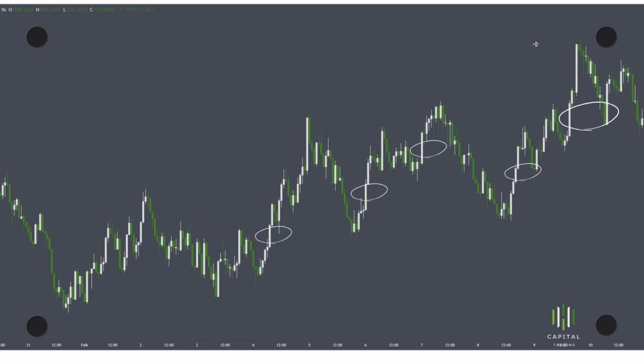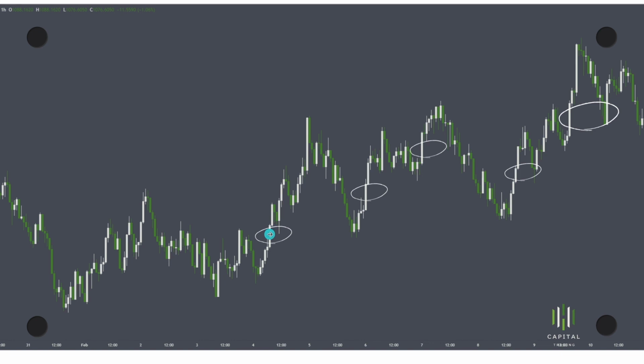If you look at the chart on all the highlighted areas, you realize that these are areas where there was no price action between the last previous high and the next candle's low. We call this a fair value gap. We call it a gap because it's like the market gapped to the upside.